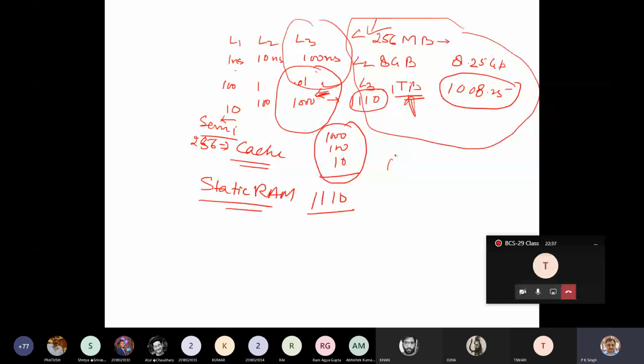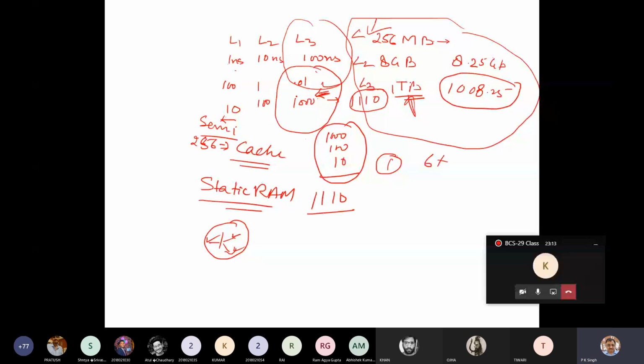To store 1 bit of information, we need 6 transistors. Perhaps you know about the transistor, the electronic circuit. This is the symbol: base, collector, and emitter. So we use 6 transistors in this. So certainly the cost will increase.